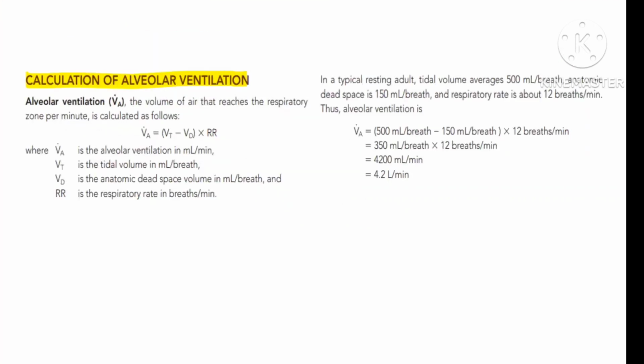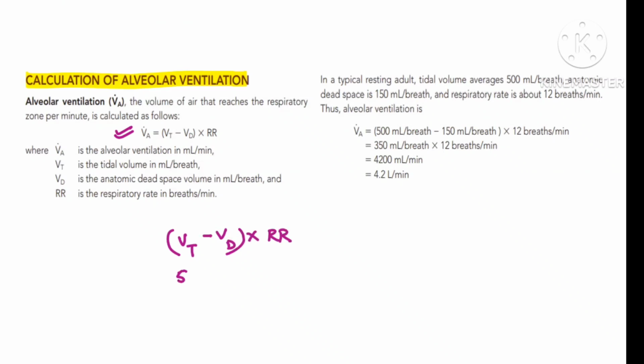Now see what the formula is to calculate alveolar ventilation. Alveolar ventilation means how much air is able to reach the alveoli. Is it clear? So what is the formula for this? This is the formula given. You have to take the tidal volume, from this subtract the anatomical dead space volume, and multiply this by the respiratory rate.